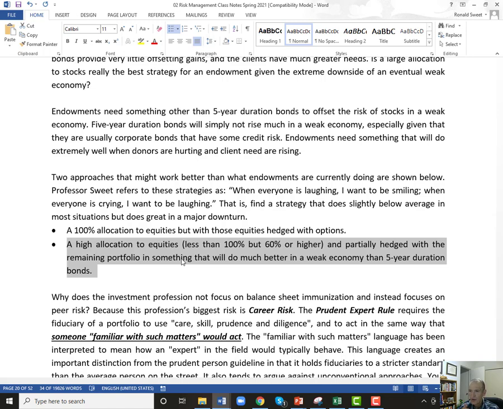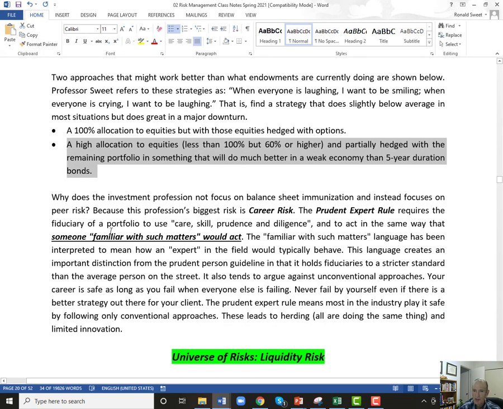Long treasuries don't do well in a strong economy, but it won't kill you. And that 60% allocation to stocks will do great. And then when the market crashes, that 30, 40% in long treasuries will do extremely well and come back and protect you. So think radical. Don't put 40% in 5-year duration bonds, especially corporate bonds. It's just not going to give you much of a hedge. We'll talk about that. That's a key component to this concept of correlation that we'll talk about when we get to price risk.